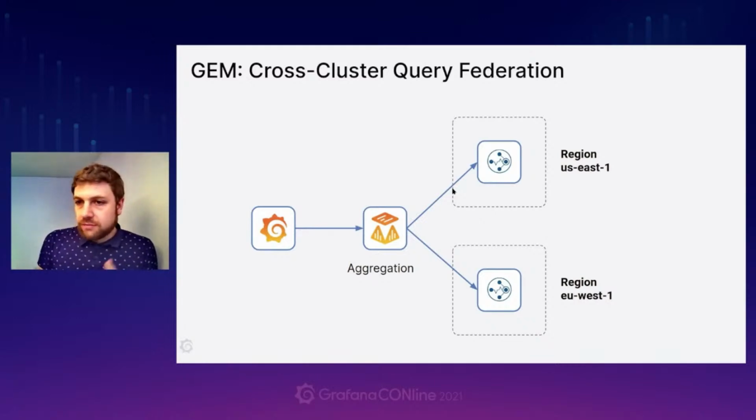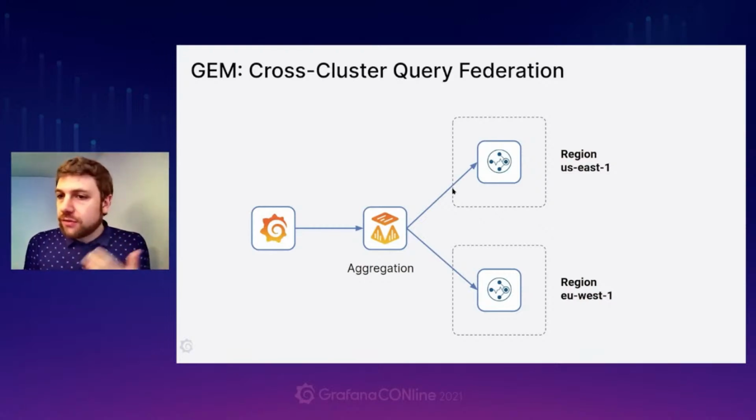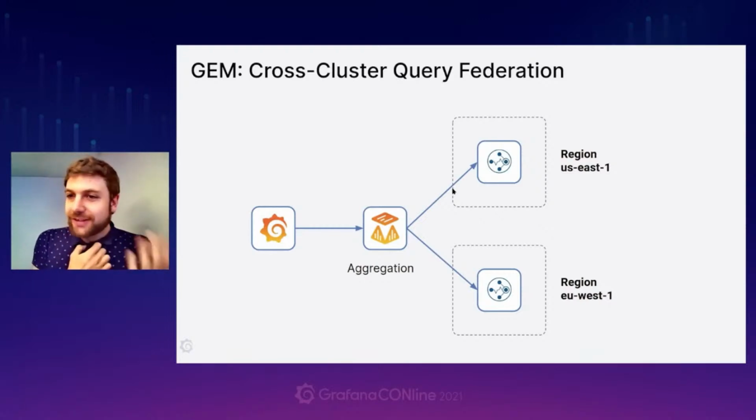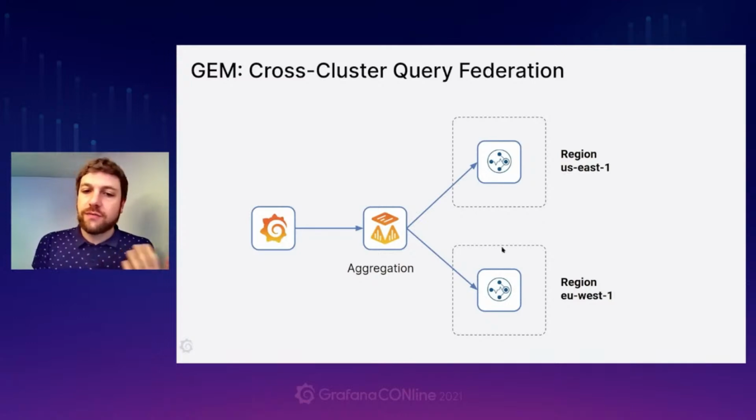You also might want to be resilient across regional failures, and maybe you just want to be closer to your metric ingesters or your metric users, and that's why you want to run 2 Cortex clusters. Grafana Enterprise Metrics provides you with a federation front end that does the aggregation across those 2 clusters in this example, n clusters in general.